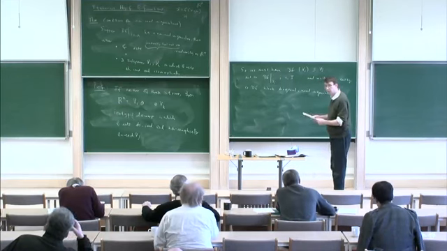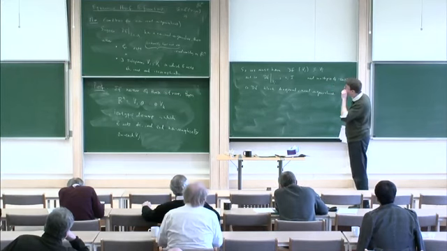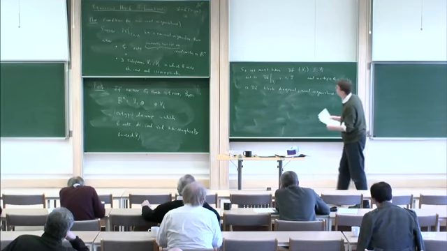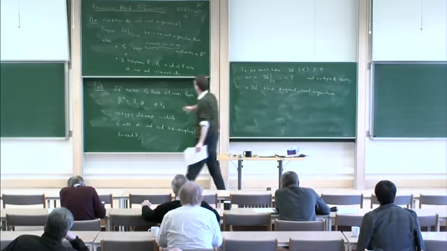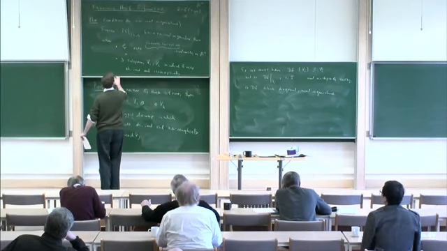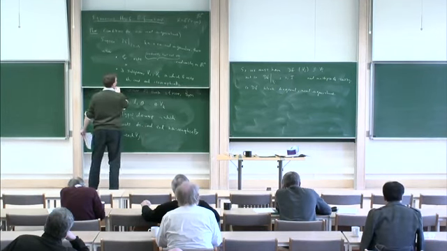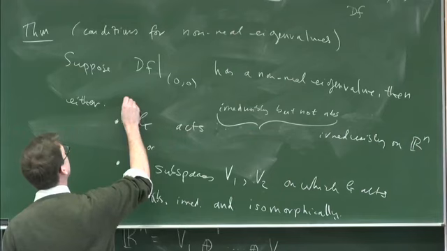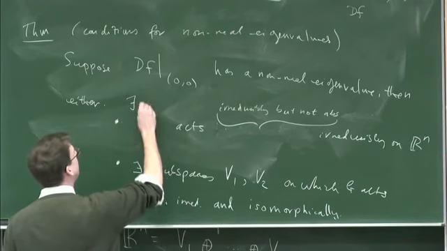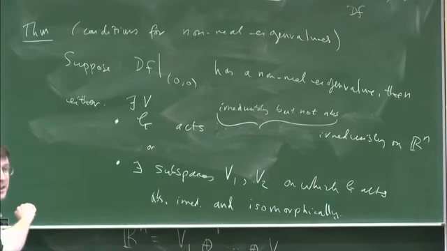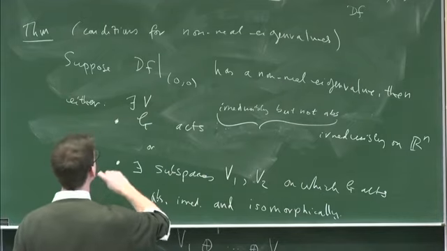In fact, I think your first alternative should read, there exists a subspace such that G acts irreducibly but not absolutely irreducibly on the subspace. Otherwise, this is a very minor point, of course, but it is needed for the theorem to be true. That's right. Let's put that in so that it's true.